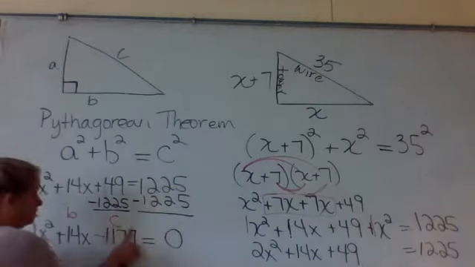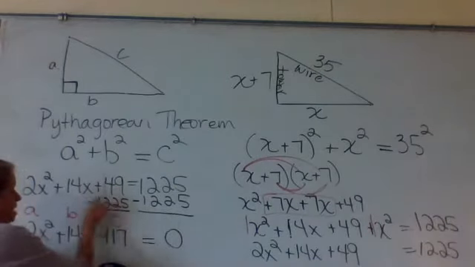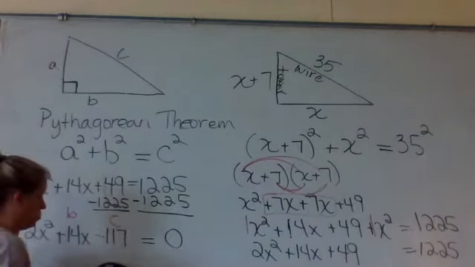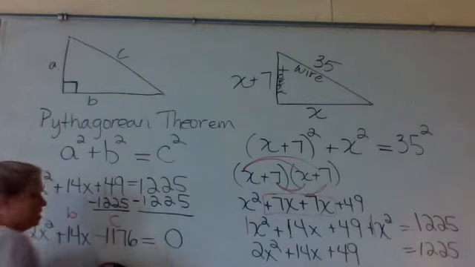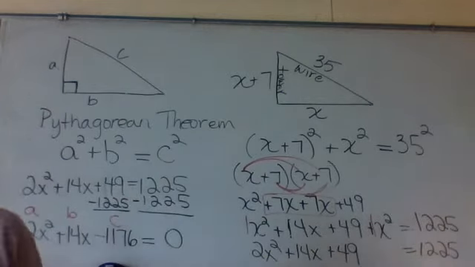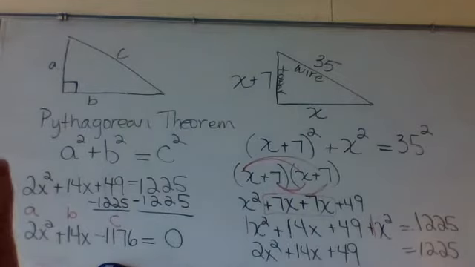This right here, I subtracted that wrong. 49 minus 1225 is negative 1176. So that's your A, B, and C. 2, 14, and negative 1176. So let's see what that gives me.